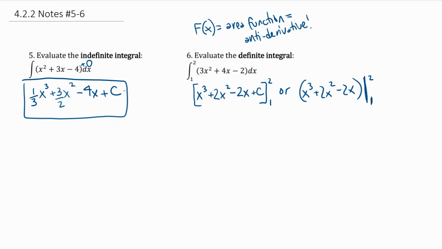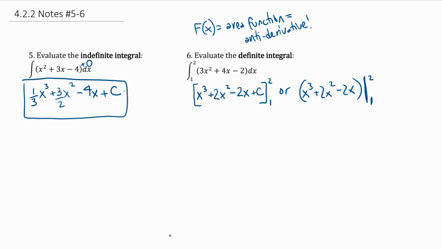Make sure if you are solving an integral, you find the antiderivative and you put the bounds on the right-hand side. Because if you put them on the left-hand side, that's not proper math notation that we know, and you'll get confused. I'll get confused. Like, is it still an integral? Have you found the antiderivative yet? So the first step is find an antiderivative with the bounds on the right-hand side.